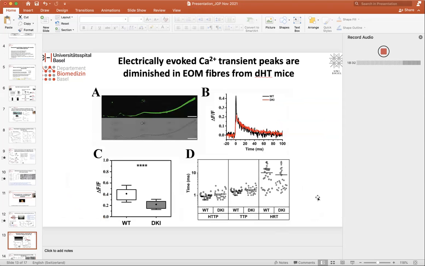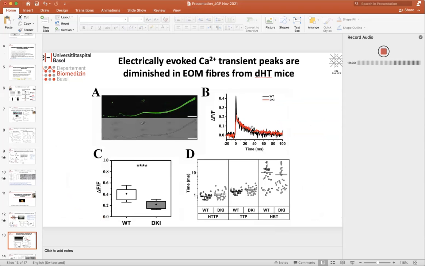And Jan also proceeded to measure the calcium transients in isolated fibers from extraocular muscles. This is not an easy task because he had to isolate single fibers. They're very small, very fragile. And you can see here a picture of an extraocular muscle fiber loaded with the calcium indicator MagFluo. He succeeded in electrically stimulating the fibers from the extraocular muscle.